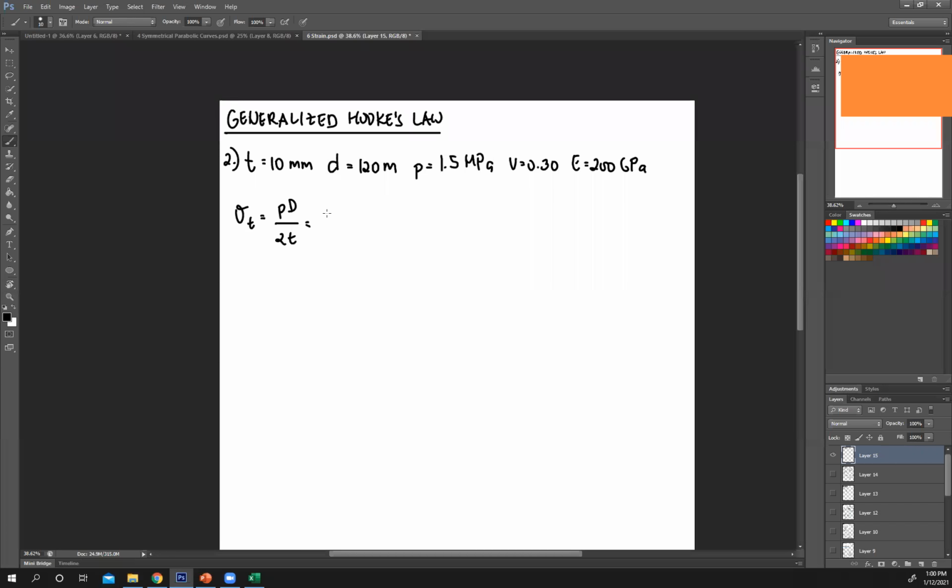Please compute. P is 1.5 MPa. Our pressure is in MPa, so everything should be in newtons and millimeters. So 1.20 times 1,000 to convert to millimeters, then times 2 times 10.